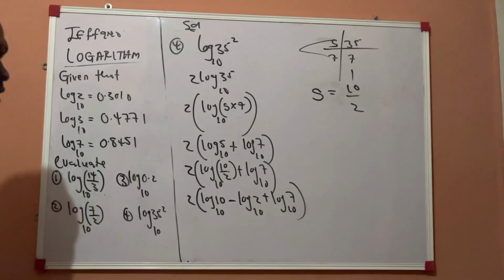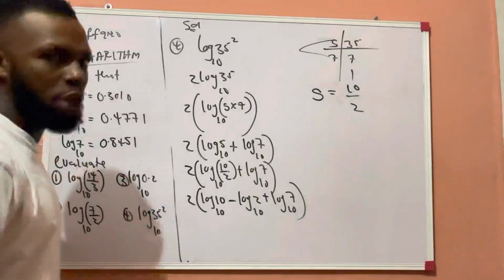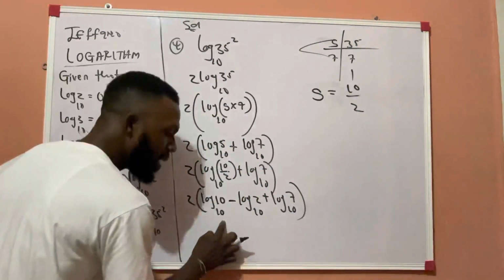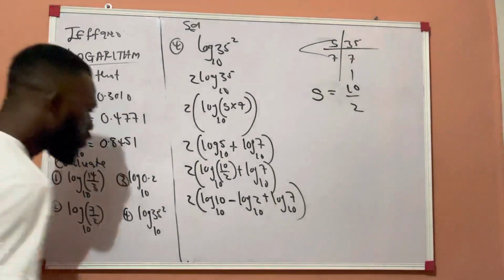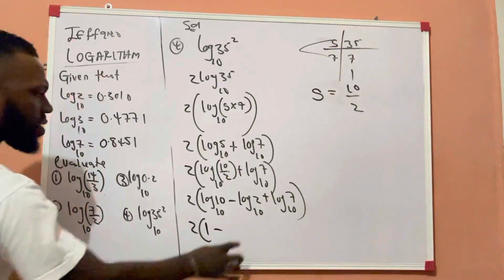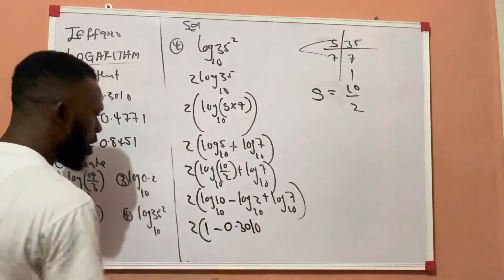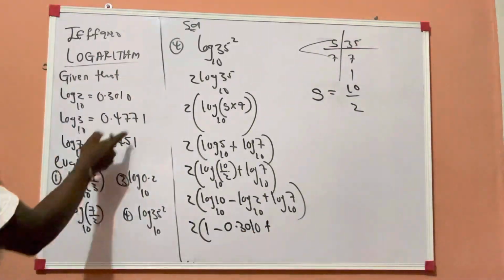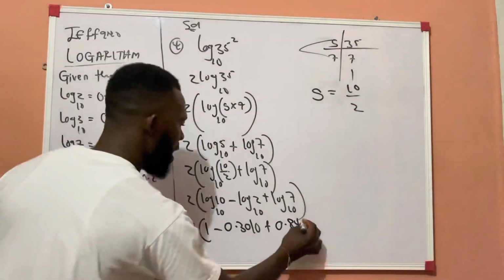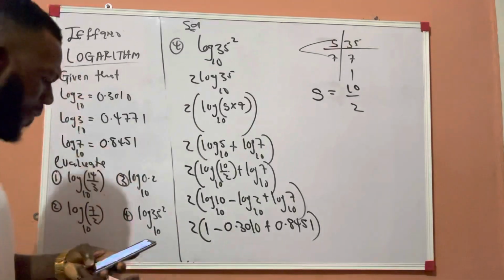We already know what log 10 base 10 is. It is 1, because the number and the base are the same. So 2 into the bracket of 1 minus log 2 base 10, which is 0.3010, plus log 7 base 10, which is 0.8451.